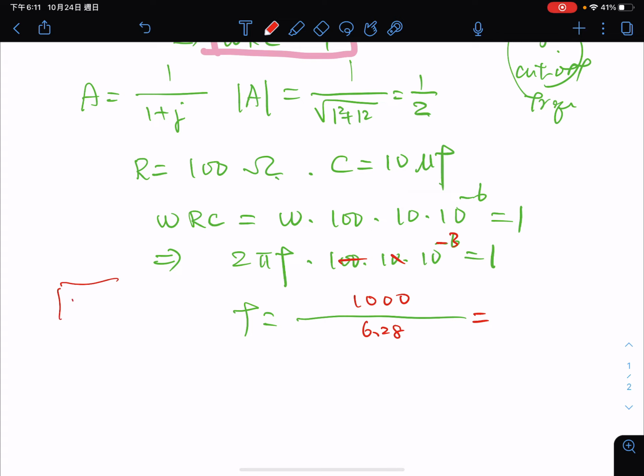So this one will be approximately what? Let me do some calculation. 1000 divided by 6.28, which should be around 159, so it should be around 16 hertz.